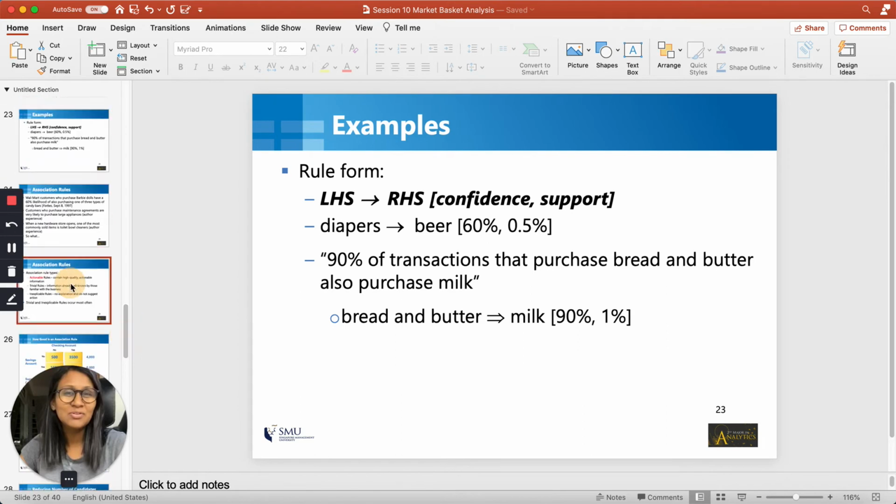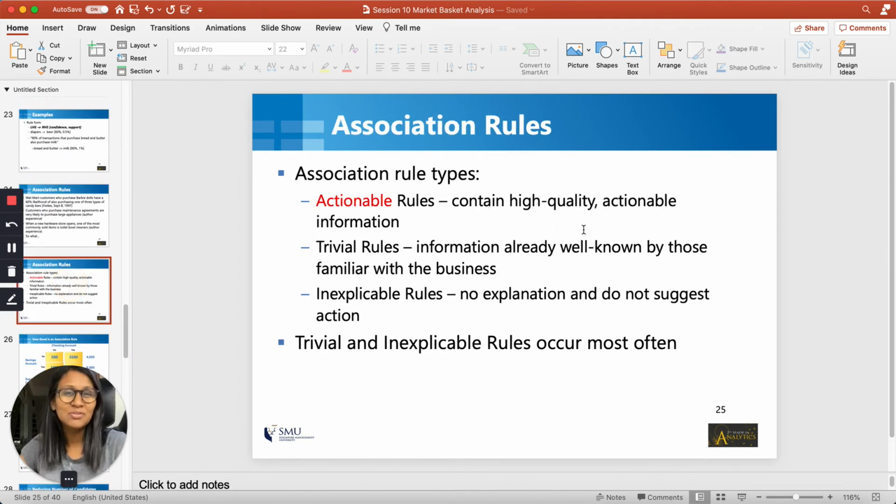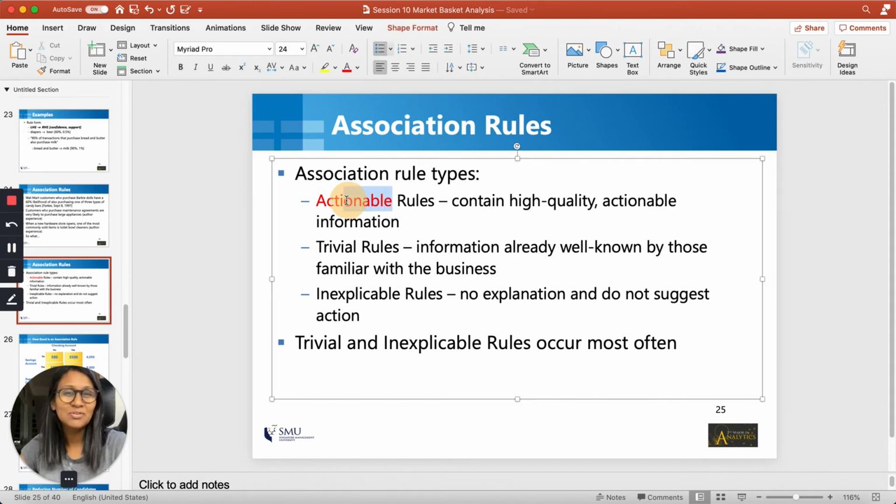So essentially there could be 3 different types of rules. Actionable rules are the ones that are desirable, they are high quality rules, and they have information which is new to us. These are the associations which we can then implement into bundling products and product placements and other applications that we talked about earlier.